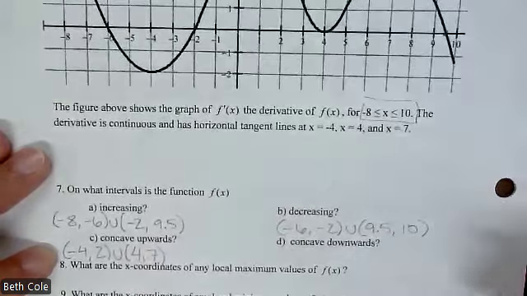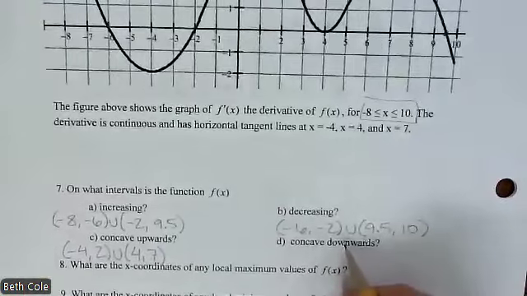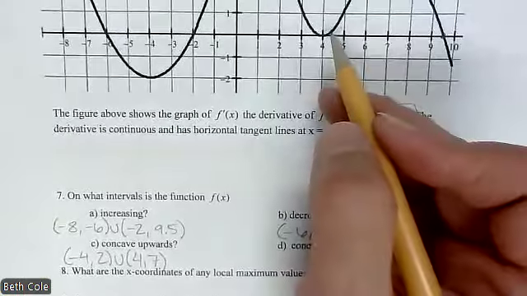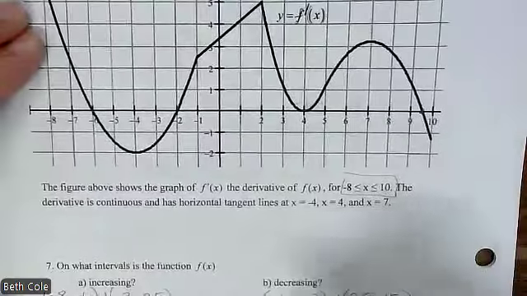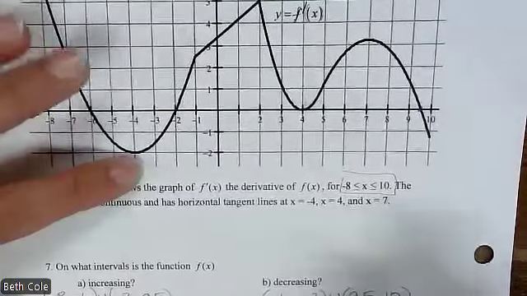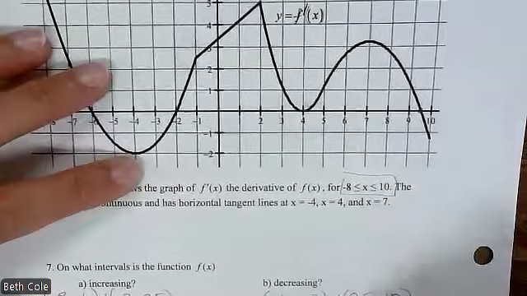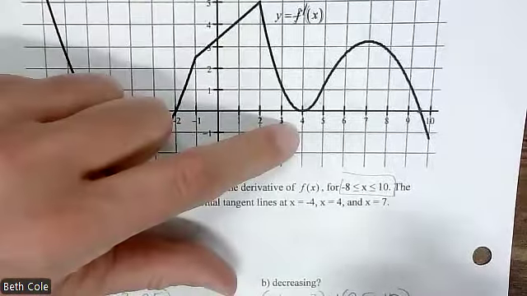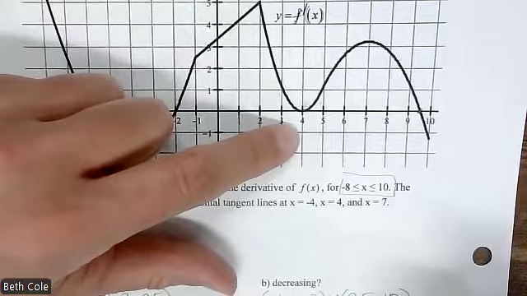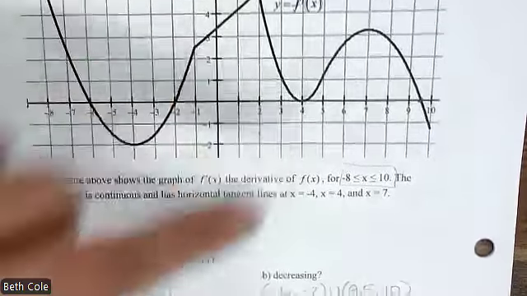Good. Concave down would be where f prime is doing what? Decreasing. That's going to be -8 to -4. Union, what else? 2 to 4. Union, 7 to 10.